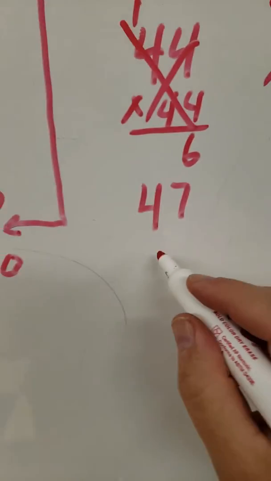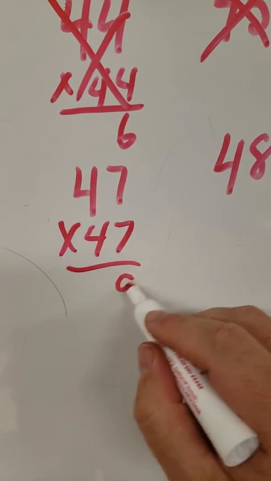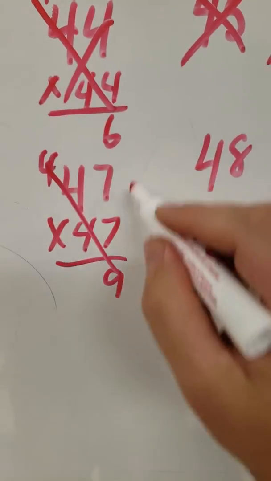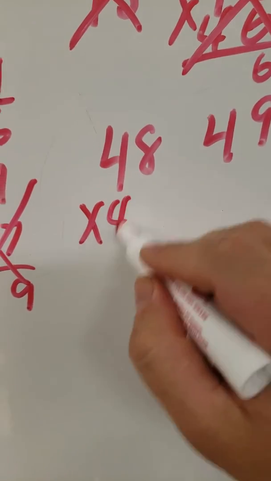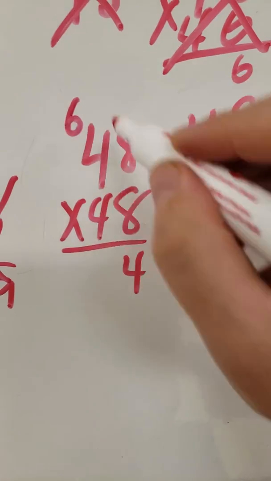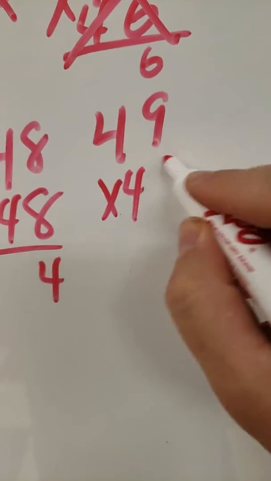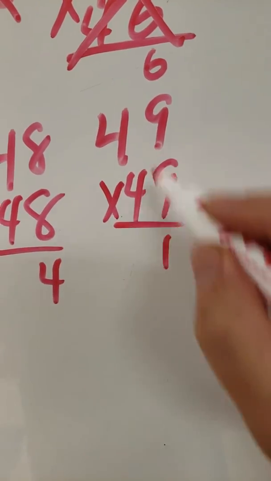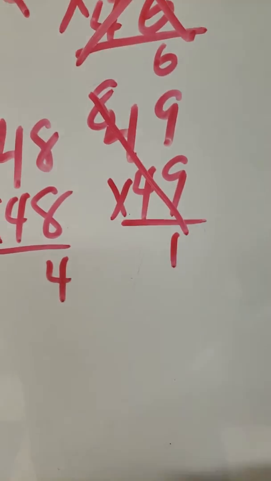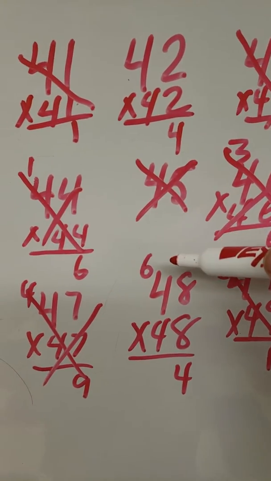Eliminate. Times 47. 7 times 7 is 49. That ends with a 9, not a 4. Multiply by 48. 8 times 8 is 64. Carry the 6. That ends with a 4. We're going to keep this one. And times 49. 9 times 9 is 81. So that eliminates. So we have 2 possible answers. We have 42 and 48.